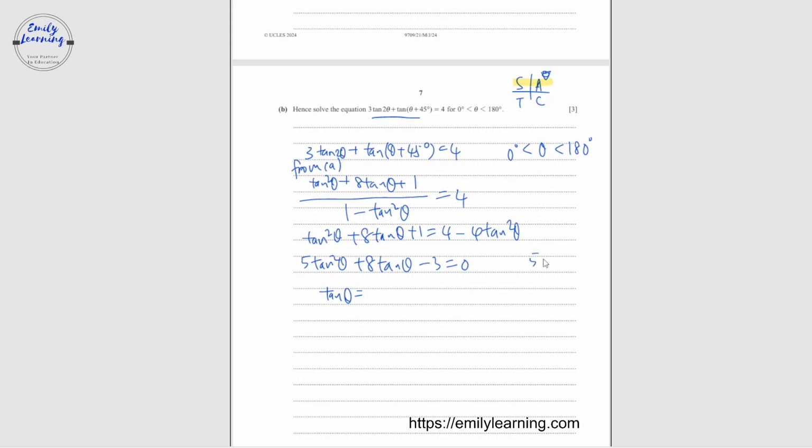This is like 5y squared plus 8y minus 3 equals 0, right? So you will use the formula to find what y is. The y is basically your tangent theta. So it's minus 8 plus or minus the square root of b squared minus 4ac, over 2 times 5. Then let me just evaluate them.